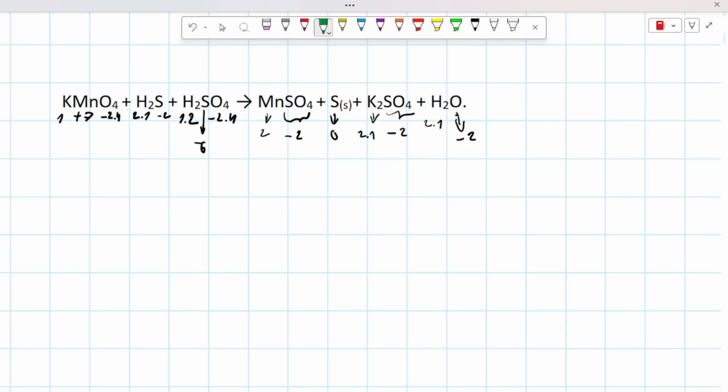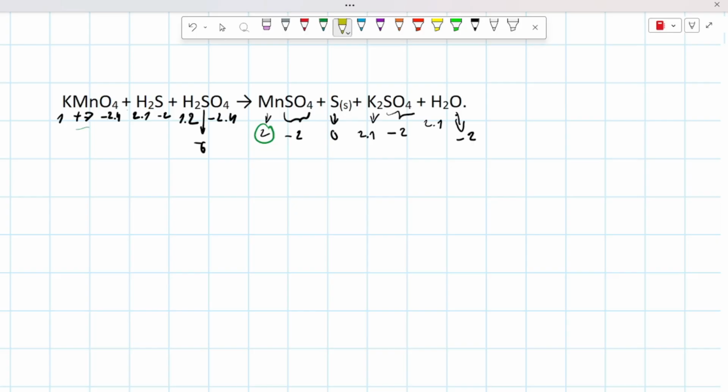So now we'll observe which compound's oxidation state changed. So we can see that at the beginning of the reaction, the manganese oxidation state is +7, and at the end of the reaction is +2. So we know it's an atom that will have a role in the redox reaction.